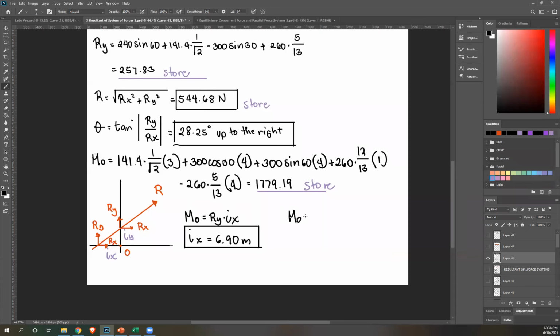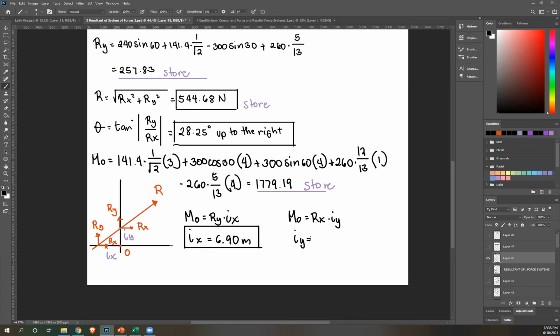And then to get y, MO equals, taking this side, Ry passes through point O, so ignoring that, Rx rotates about O clockwise, so positive Rx times perpendicular distance Iy. We know MO and Rx, so please solve what's Iy. 3.71. Correct.